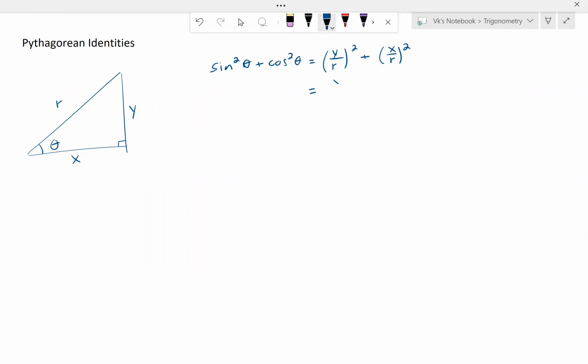We have y squared over r squared plus x squared over r squared, with a common denominator. So x squared plus y squared over r squared, and x squared plus y squared is exactly r squared. This is from the Pythagorean theorem.